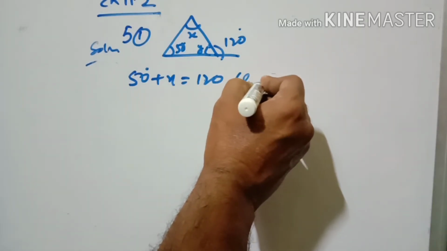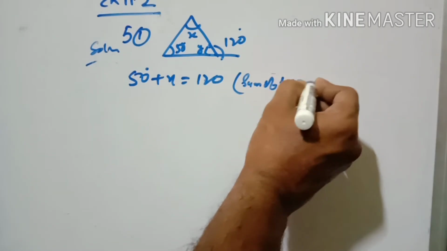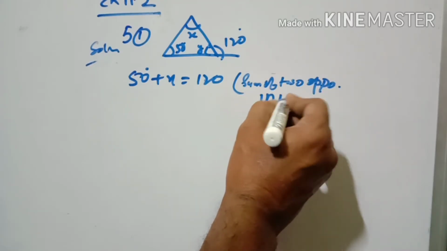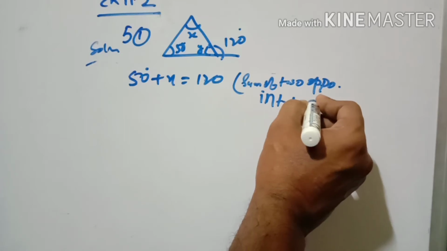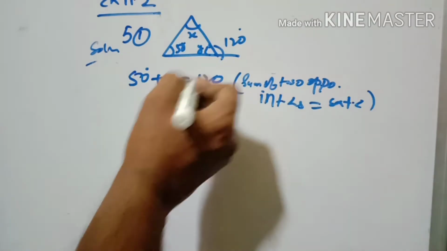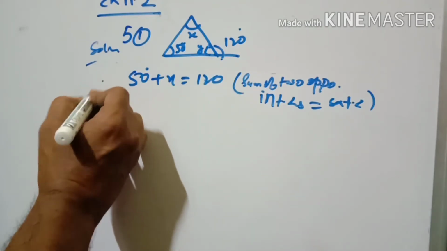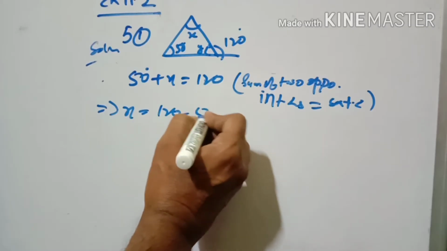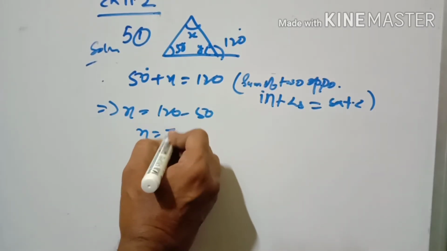Sum of two opposite interior angles is equal to exterior angle. Write down here. Therefore this implies that x equal to 120 degree minus 50 degree. Therefore x equal to 70 degree.